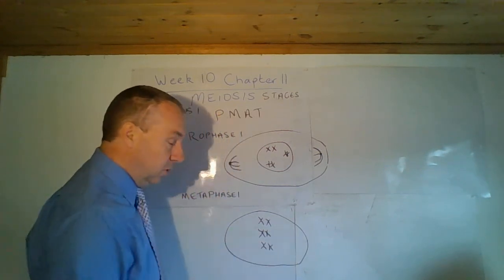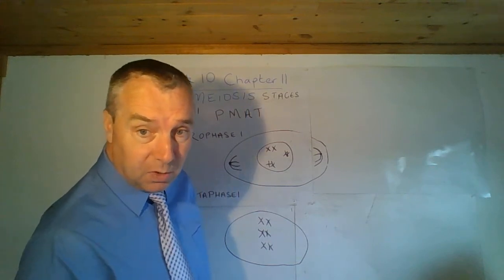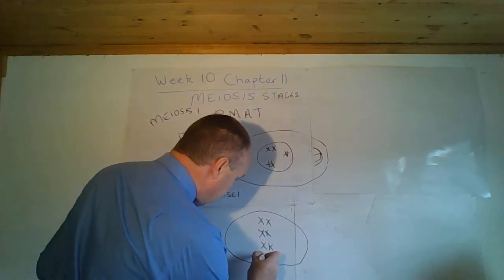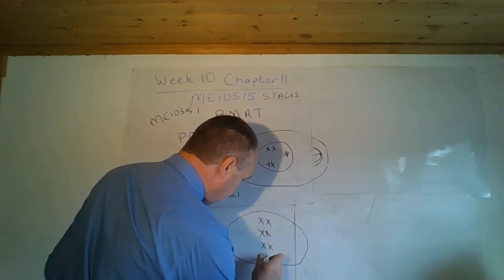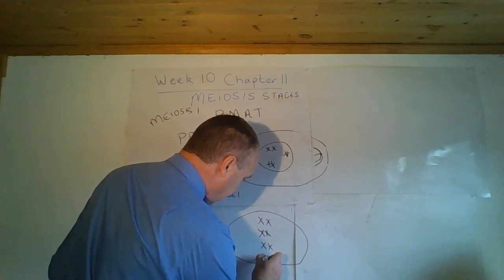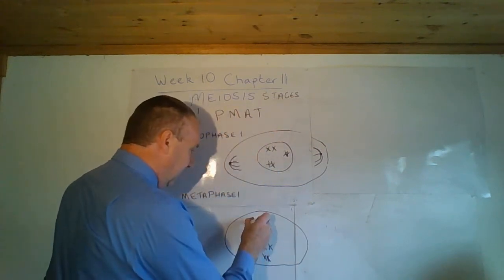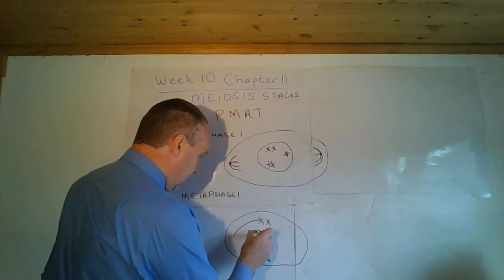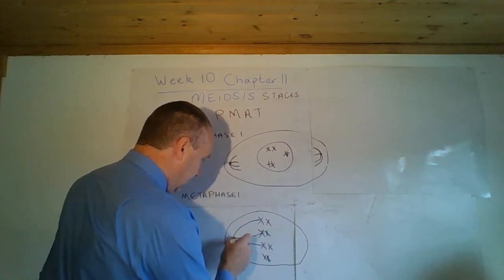We have kinetochores beginning to form on the chromosomes, and we also have spindle fibers going back to the centrioles.